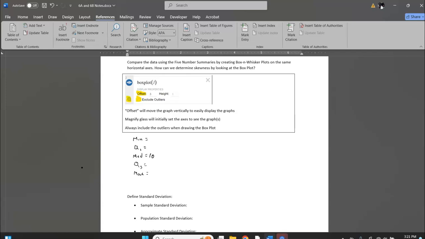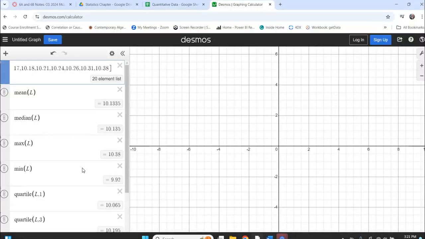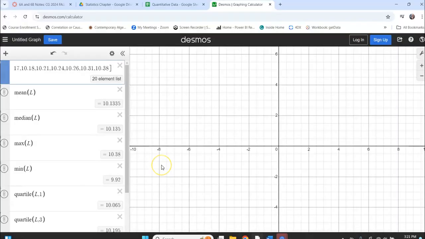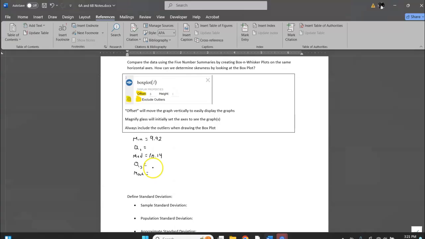So the median is 10.14. The minimum is 9.92. The maximum is 10.38.